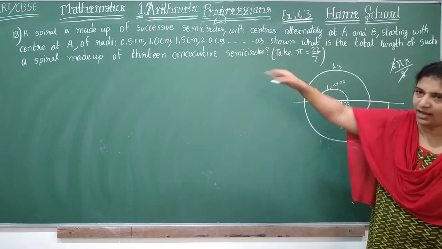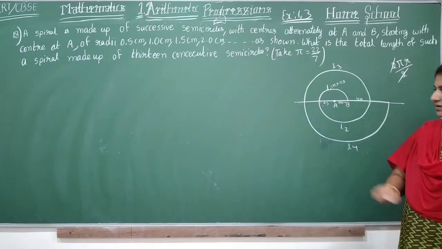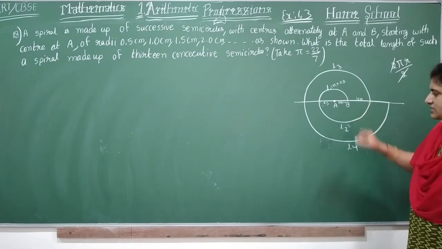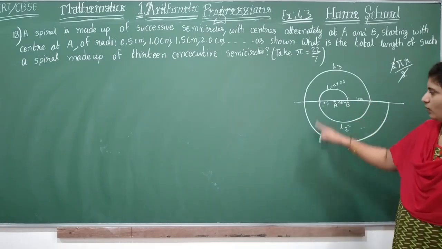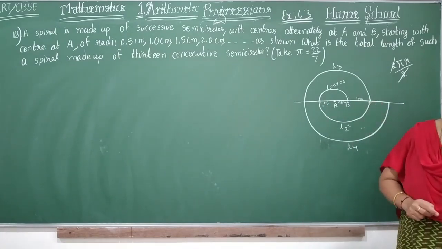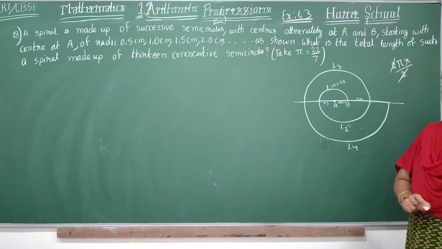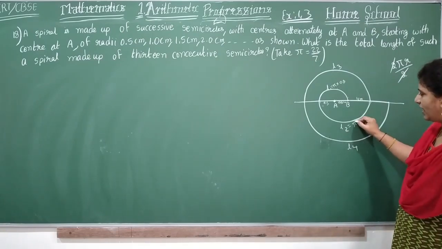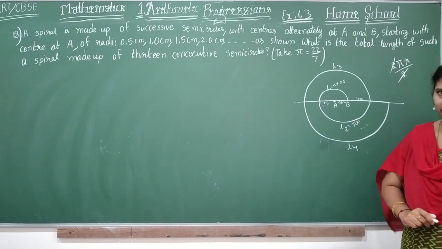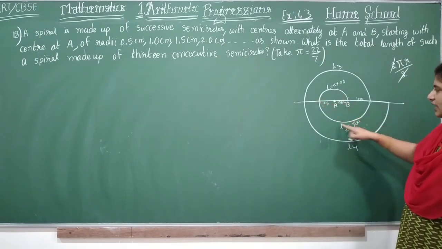So 1 centimeter is the radius. Then what is the L2 length? Same formula, semicircle circumference is pi r. Pi r means pi into 1 centimeter.